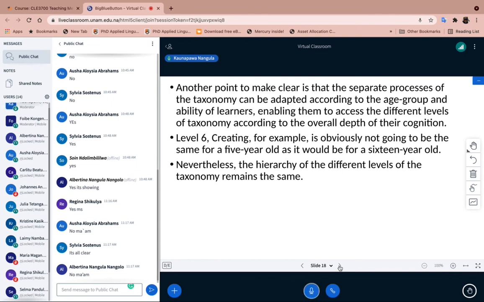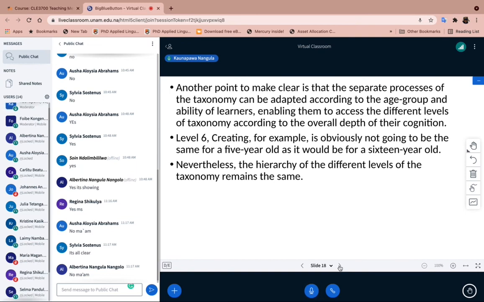So for level 6, which is creating, it's not going to be the same for 5-year-olds versus 16-year-olds. The activity that you give should reflect the level of understanding of the learners.